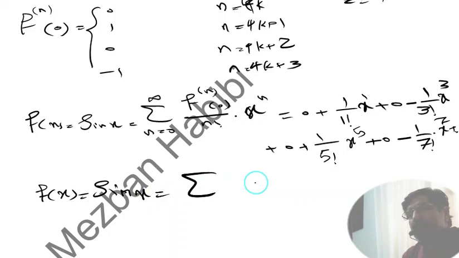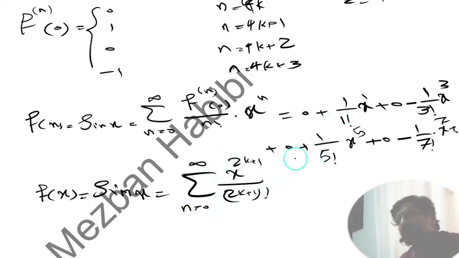We can use this notation: sine of x equals the sum of (negative 1) to the power k times x to the power of 2k plus 1 over (2k plus 1) factorial, from 0 to infinity, because all of the even terms are 0.